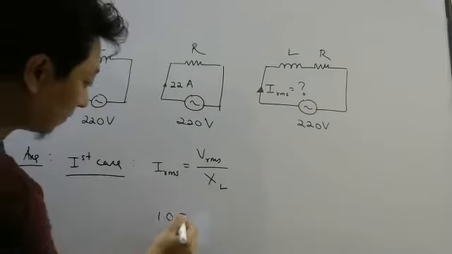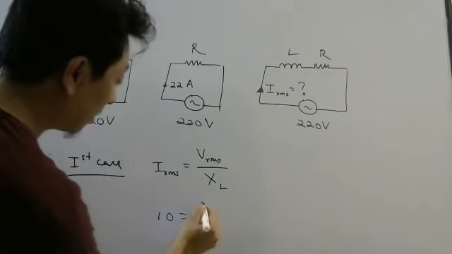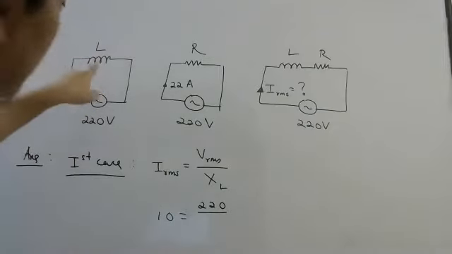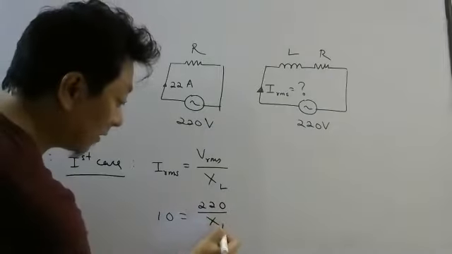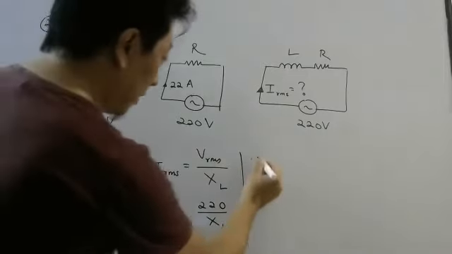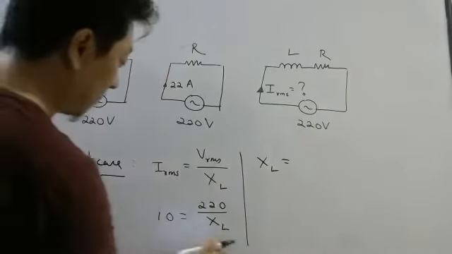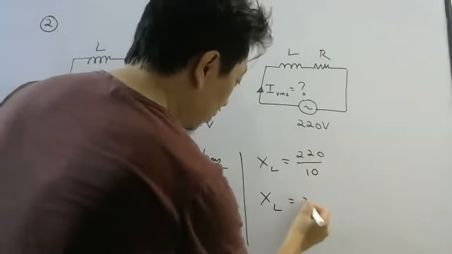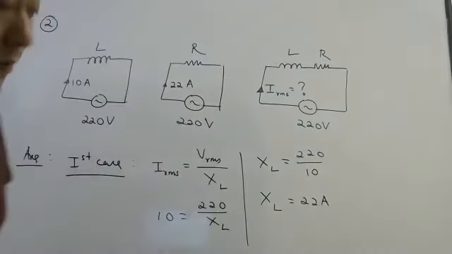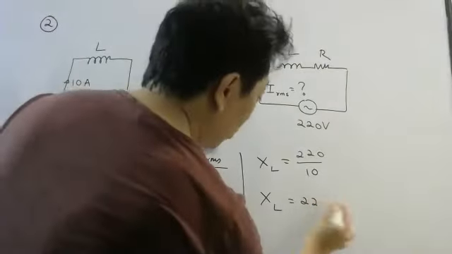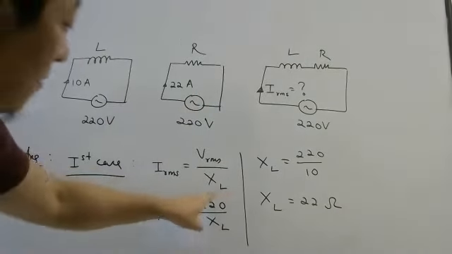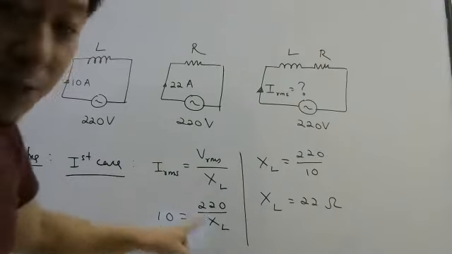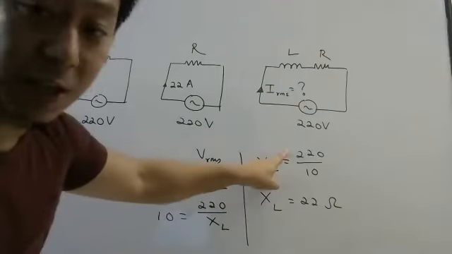10 ampere. How much voltage was applied? 220. And the opposition is only by inductor. So XL. So from here, XL will come, cross multiply 220 by 10. So 22 ampere. Oh, sorry, 22 ohm, because this will have the same unit as resistance, because just like resistance is voltage by current, this is also voltage by current.